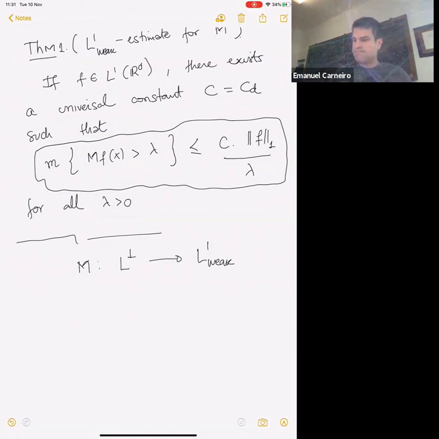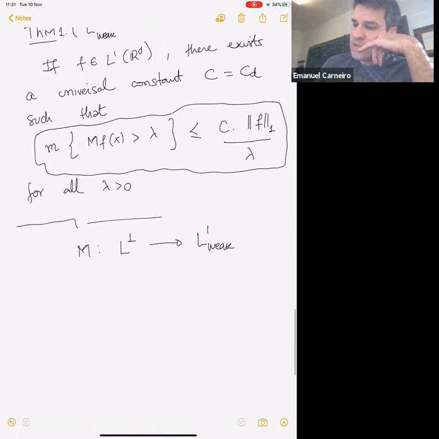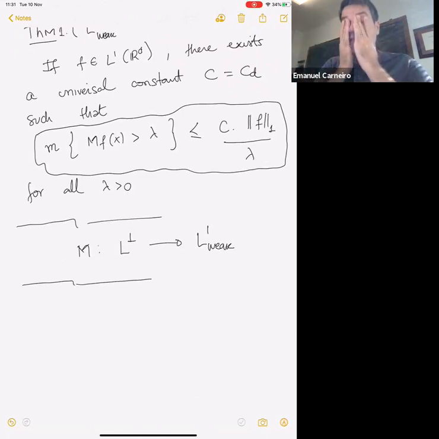Some of the results in analysis, which may seem hard, rely actually on some very interesting and basic geometric facts, and this is one of them.